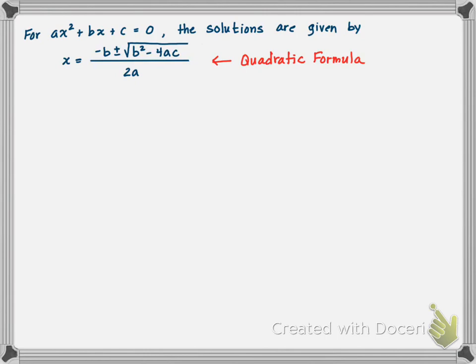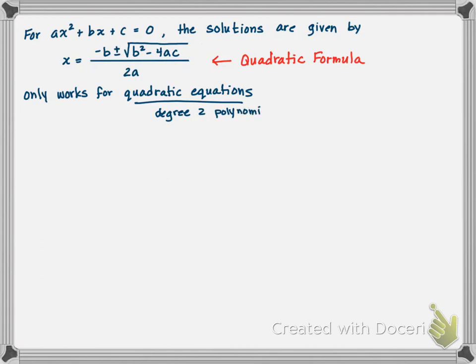So it only works for quadratic equations, which are degree 2 polynomial equations. Meaning that if there's x to the fourth, x to the third, x to the seventh, that's not quadratic, not going to work. So let's do a couple of examples, just simple ones, and then we'll see some other ways this can be used.